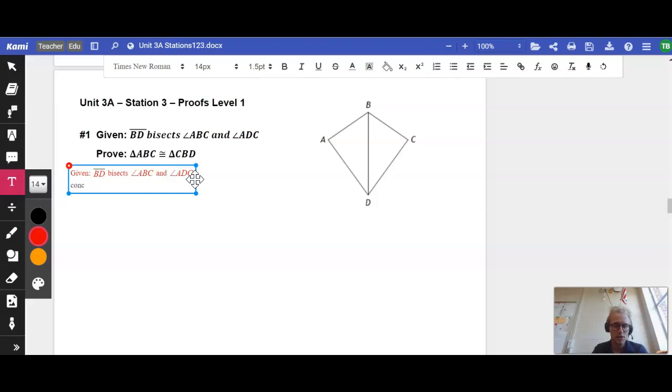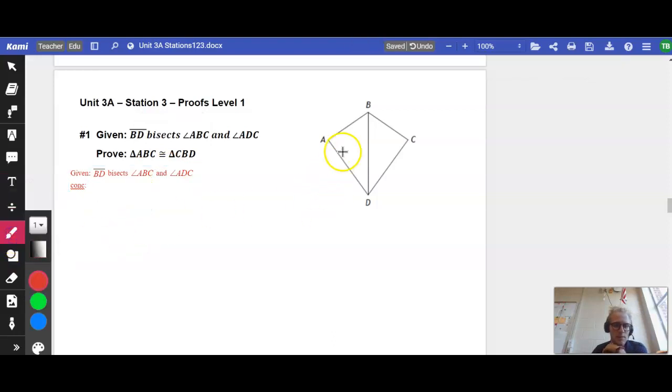So, my first conclusion is going to be that if we have BD bisecting angle ABC, then that would mean that BD is cutting angle ABC in half.